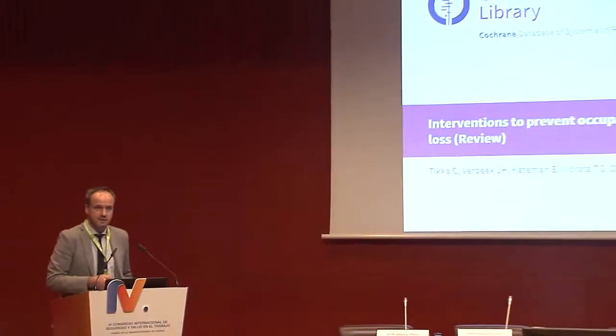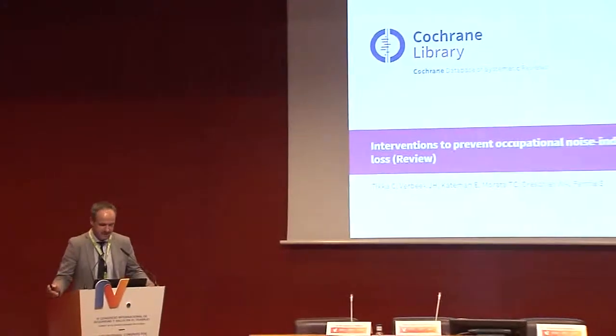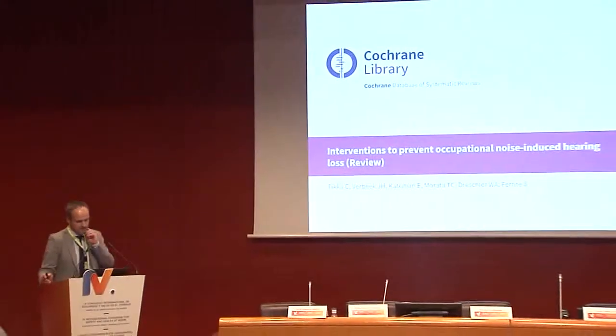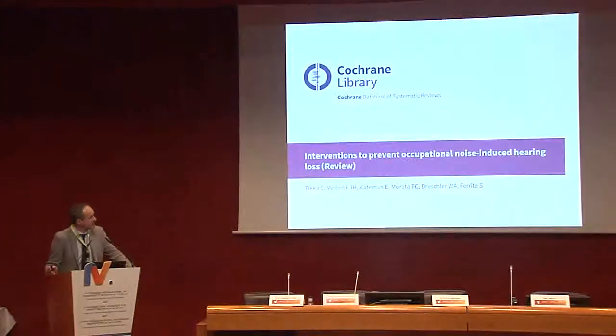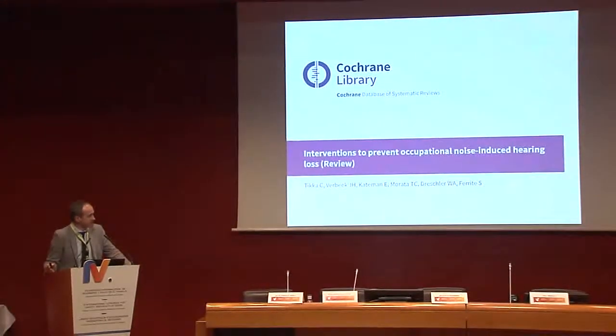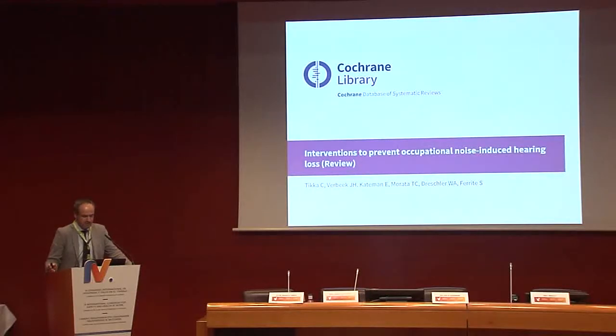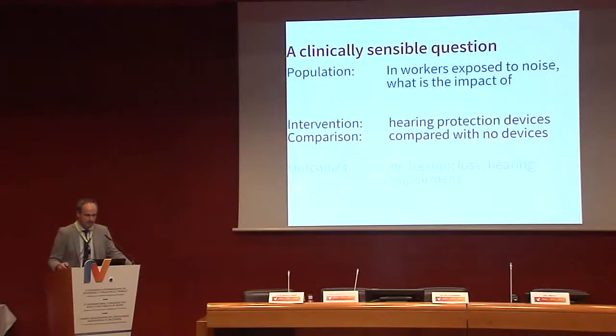And I'll start with just a very quick example of work that a couple of colleagues of ours have been involved with, and that is interventions to prevent occupational noise-induced hearing loss. This is a Cochrane systematic review, the type of research that Paul just introduced. And what would be typical in a systematic review like this would be asking a question that would look like the following.